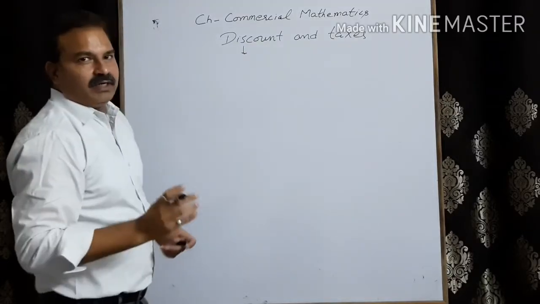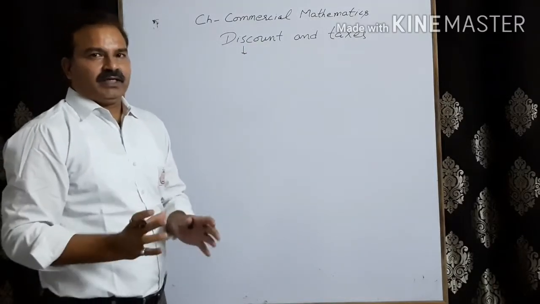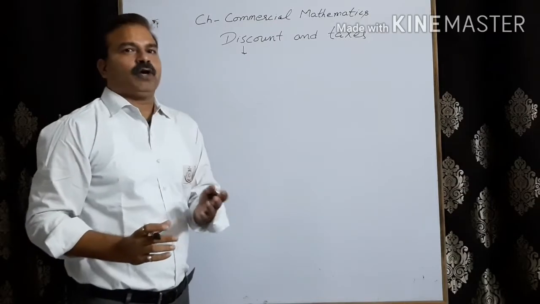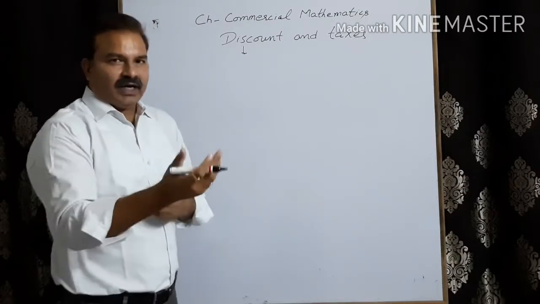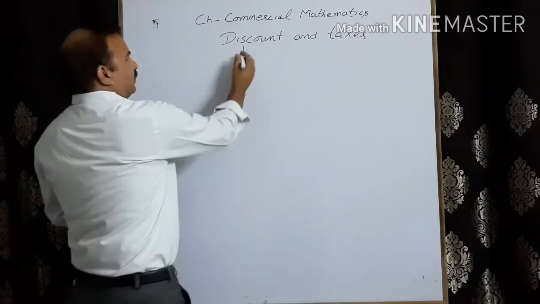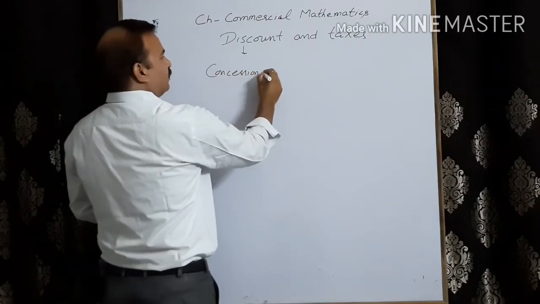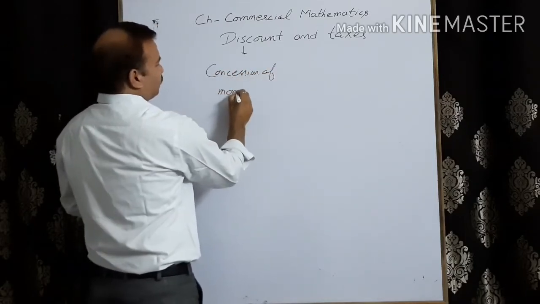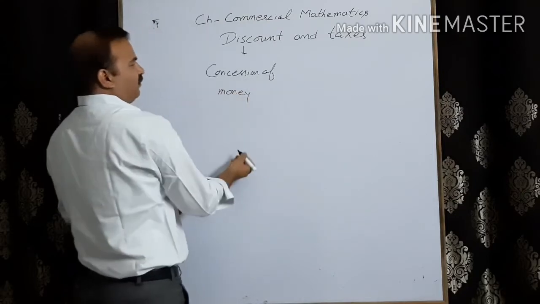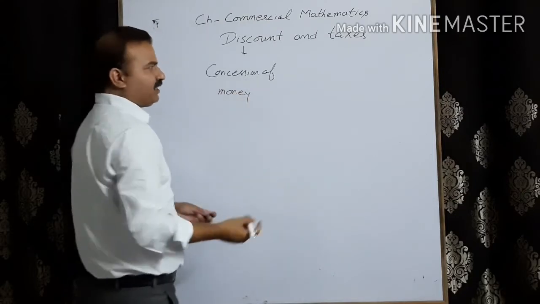What is a discount? It is a concession of money which a shopkeeper gives to attract the customer. Discount is basically the concession of money, which is basically in the form of the percentage.